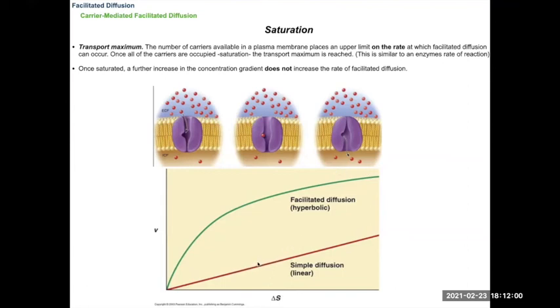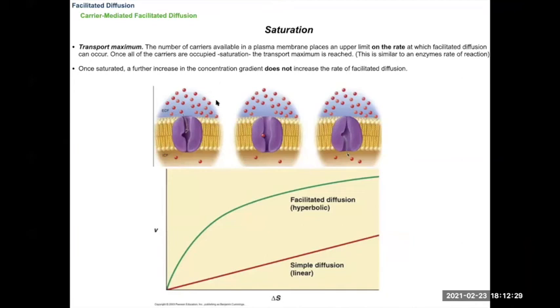Simple diffusion and maybe channel ones are going to go at a kind of linear rate, whereas the carrier proteins are going to have this curve right here. They're going to go up very fast, but then they're going to flatten out. And if you increase the concentration, it's not going to affect the rate anymore. So that's saturation of these carrier-mediated facilitated diffusion.